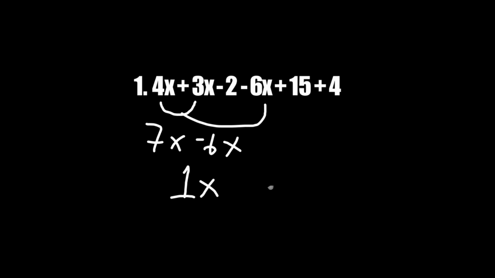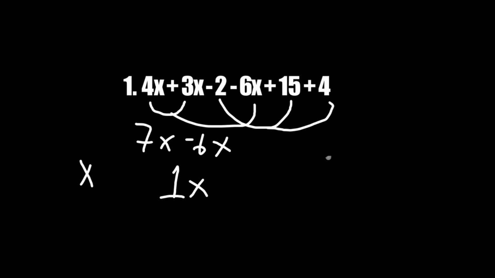If the variable is alone, meaning it's only written as x, it always has an invisible 1 in front of it. And if it's negative, it will have a negative invisible 1. So now that's done, let's combine the constants. -2 plus 15 plus 4.